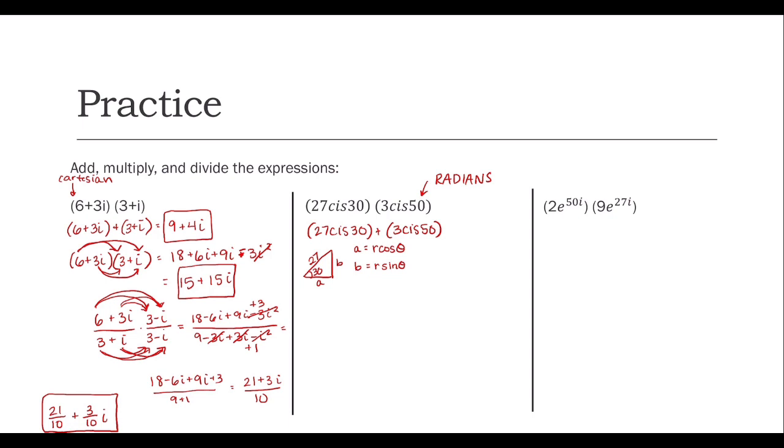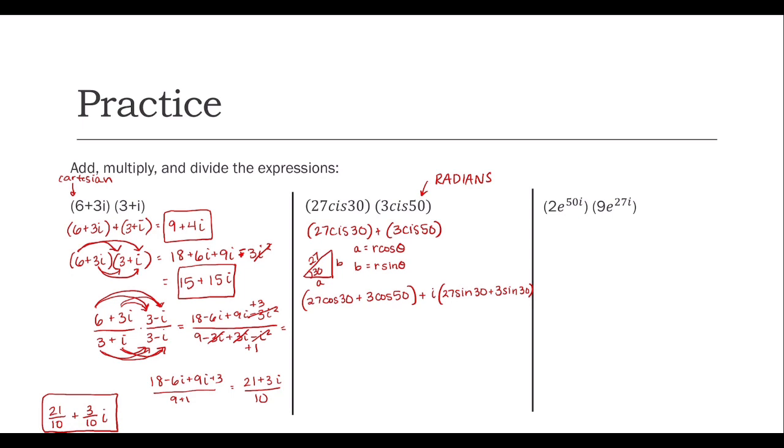So when we're adding it, we'll have our 27, our radius, times the cosine of 30 radians, and our other A value will be our radius, 3, times the cosine of 50 radians. So this will be our new A value, and then our B value will have plus i times our radius, 27 sine 30, plus 3 sine 50.